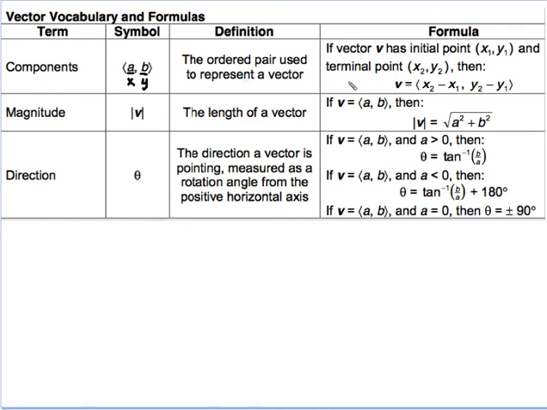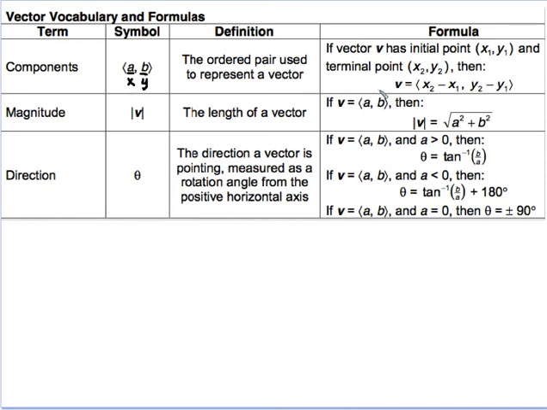The ordered pair used to represent a vector: if vector v has initial point x1, y1 and terminal point x2, y2, then you can find the coordinates like this. Okay? So that's the components for your vector.